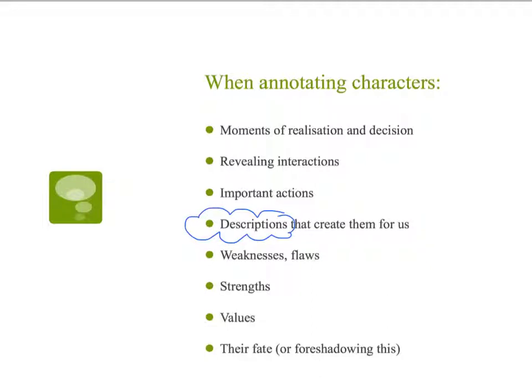Where are their weaknesses or their flaws revealed to us? And really an important element of literature is to try to look for those flaws in our characters. Also their strengths and their values, and most importantly, perhaps their fate, or what foreshadows their fate.